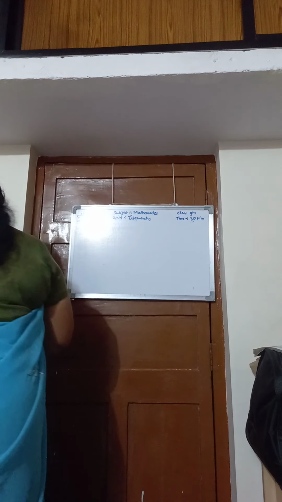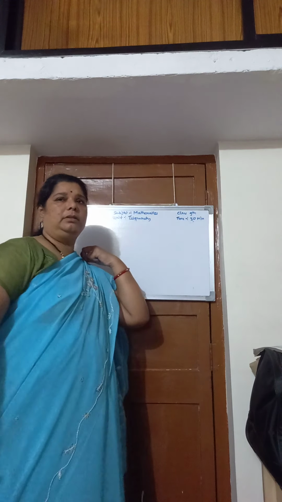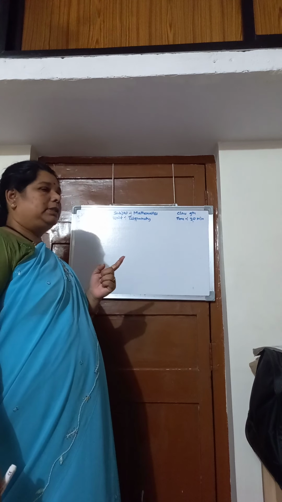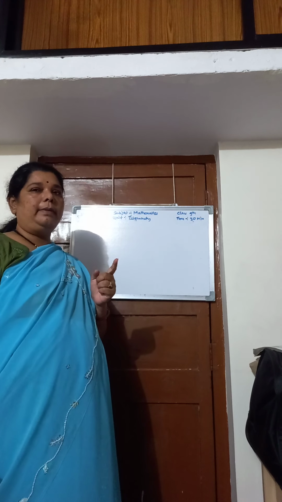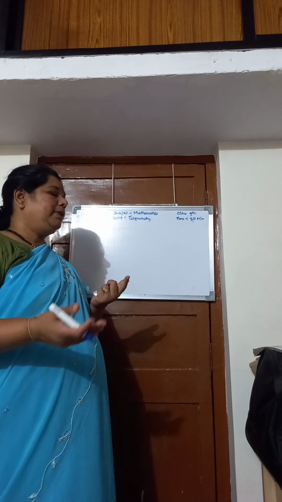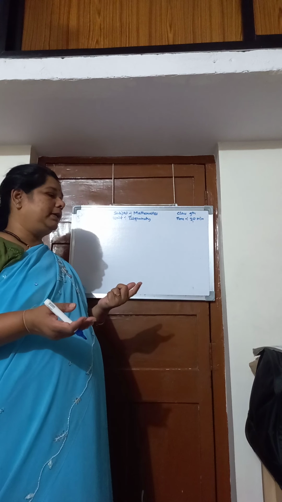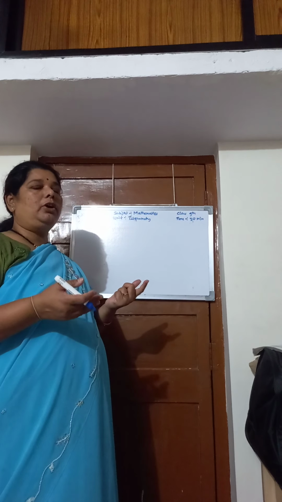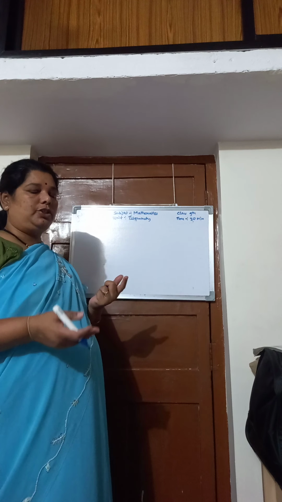Okay. After this, I have summarized your knowledge. First we have taken the 30, 60, 90 theorem. After that we calculated the trigonometric ratios of 30 and 60 degrees.